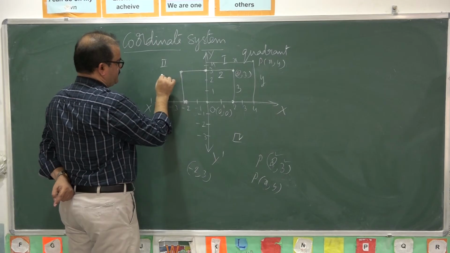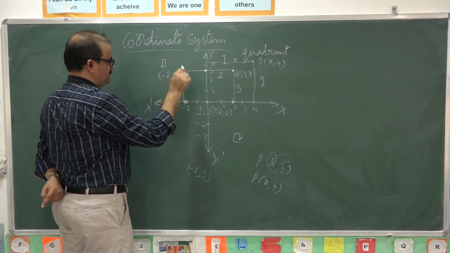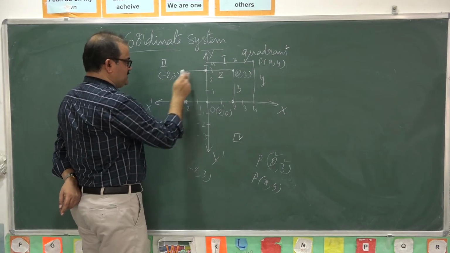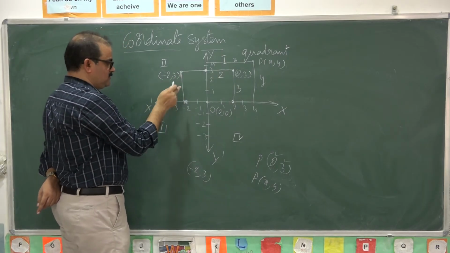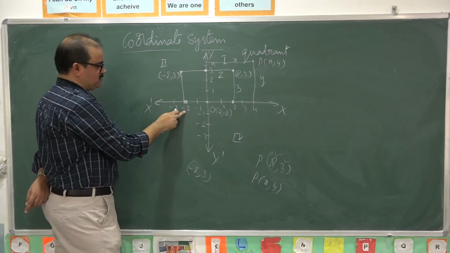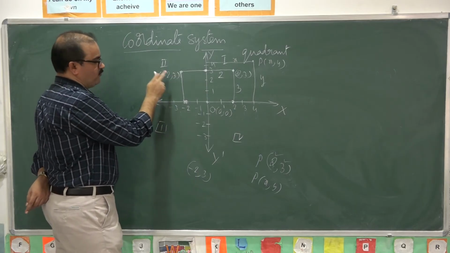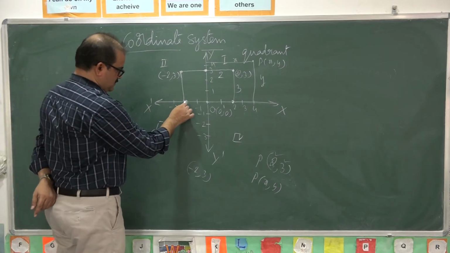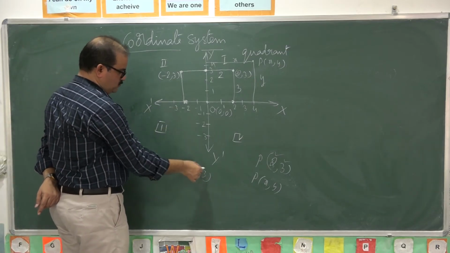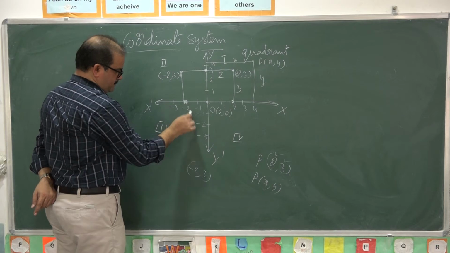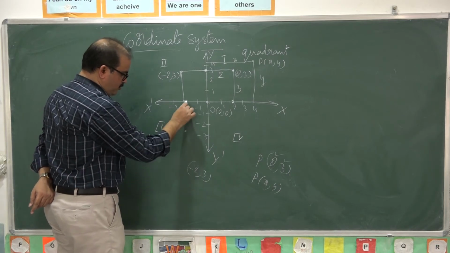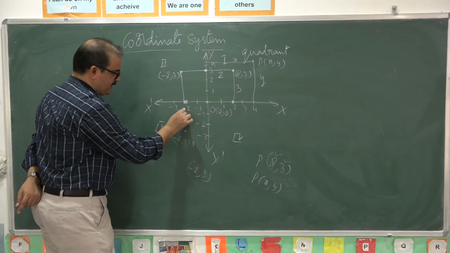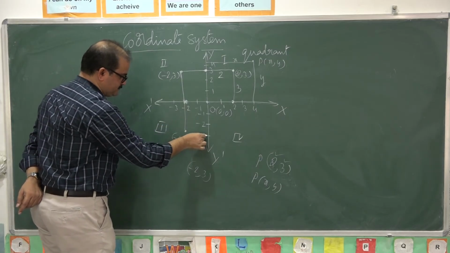This is the point -2, 3. That means if the point lies in second quadrant, its x coordinate is negative and y coordinate is positive. Similarly, with the same length 2 and 3, if a point lies in third quadrant, then what are its coordinates? -2, -3.